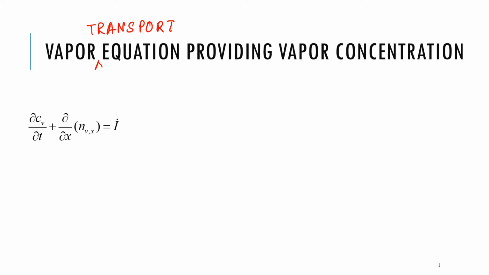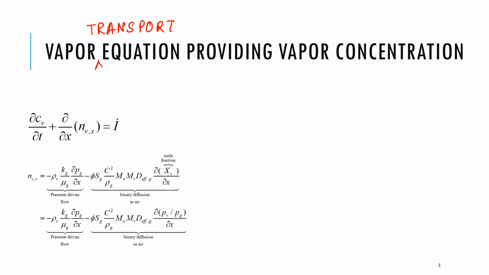So here is my vapor conservation equation, and in there I substitute the vapor flux equation that we just derived on the previous slide. So we're going to substitute all of these into the vapor flux term.